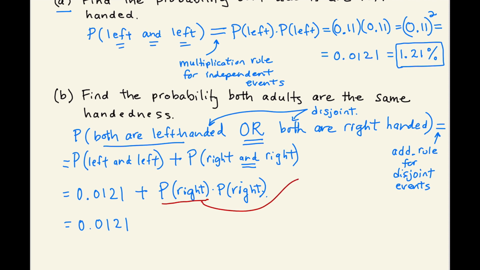So we're going to have to use the complement rule. And we're going to be using 1 minus the probability that the individual is left-handed. So that would be 0.89.